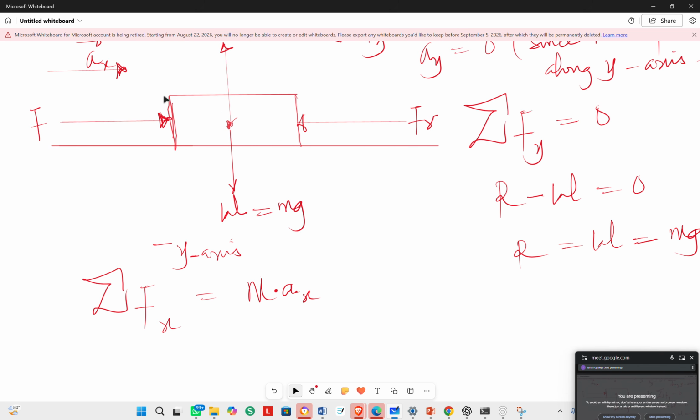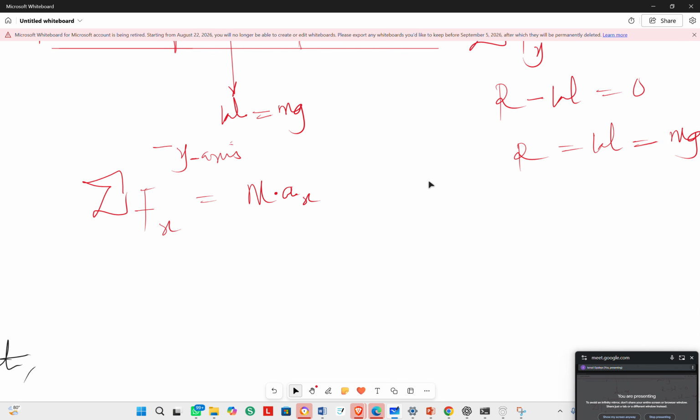Because there's an acceleration value along the x-axis, you don't expect this to be zero. Now, the resultant of these forces is the one in the positive direction, F, minus the one in the negative x-axis, F_R. So you're going to have F, the force applied, minus F_R is equal to ma.